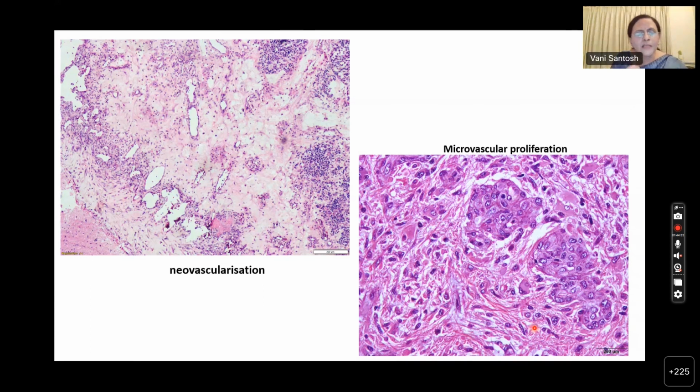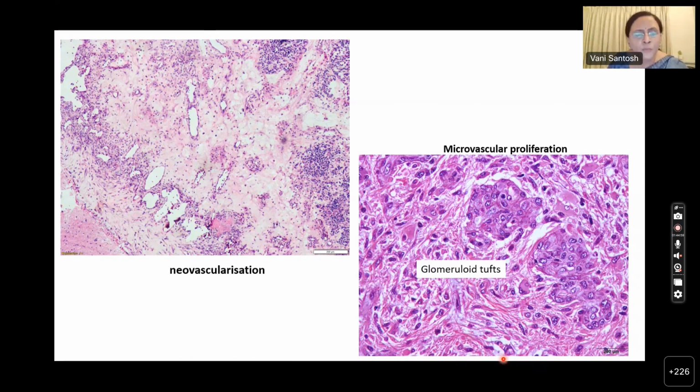Now the microvascular proliferation is very florid. Earlier we used to call it endothelial proliferation, but now we know that it's not just the endothelial cells that proliferate. Along with endothelial cells, we have other cells lining the blood vessel. Which are the other cells? Vascular smooth muscle cells and pericytes all proliferate to give rise to these structures, what you called glomeruloid bodies.